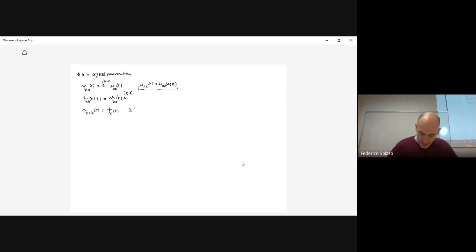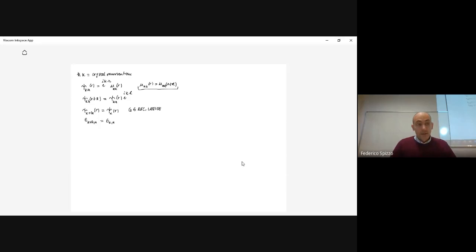So G is a vector that belongs to the reciprocal lattice. Due to this periodicity, we have an equivalent periodicity of the energy, because if the wave function, once you make a translation of G, is equal to the wave function itself, this means that also the energy has to have the same property. So also the energy corresponding to K plus G has to be equal to the energy corresponding to K.